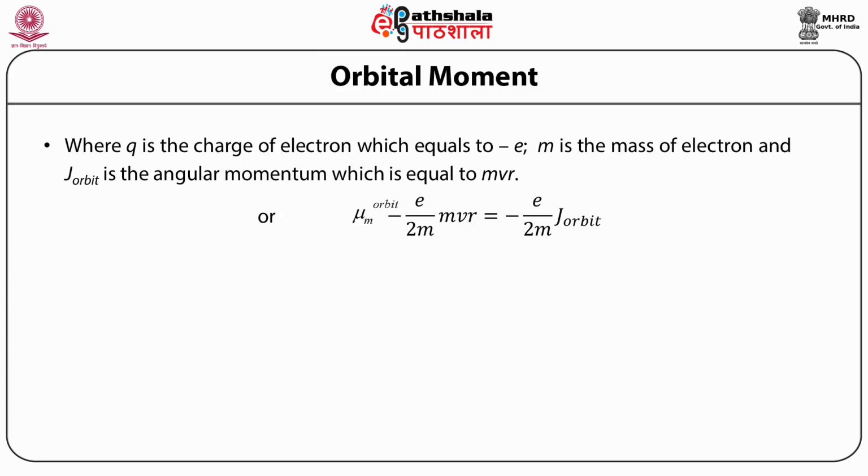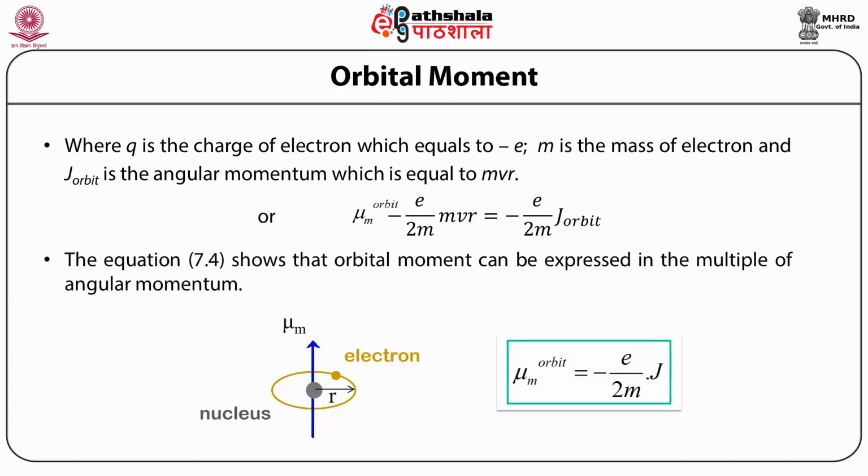Here we did the division and multiplication by m. Hence, finally, we get mu m orbit is equal to minus e by 2m multiplied by J, where J is the angular momentum of an electron and it is equal to mvr.